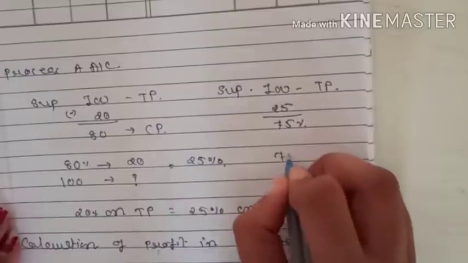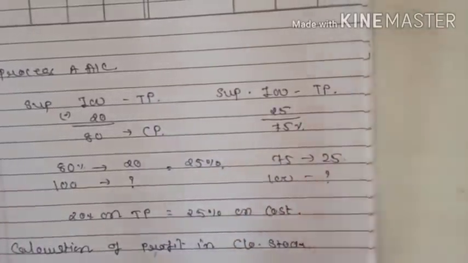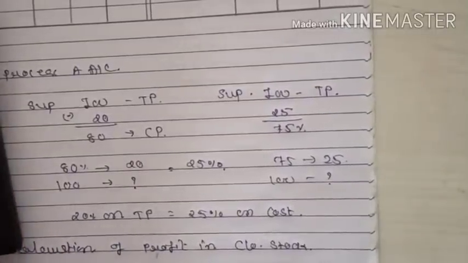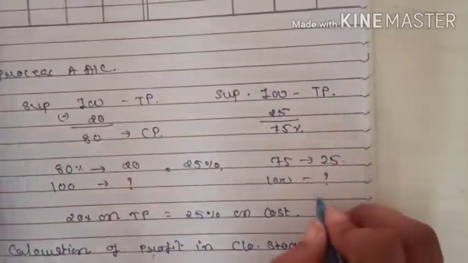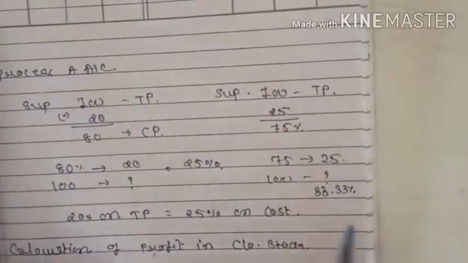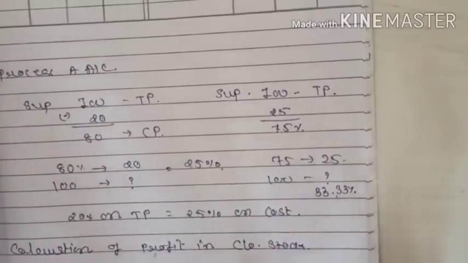So when cost is 75, profit will be 25. So how much for 100? So 100 into 25 divided by 75, it will come to 33.33%. So the percentage on cost will be 33.33%.